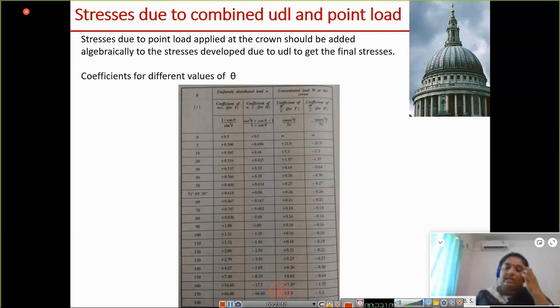So these are the requirement, and once you have the formula, vary the values of theta and find out the values of the stresses at different locations.